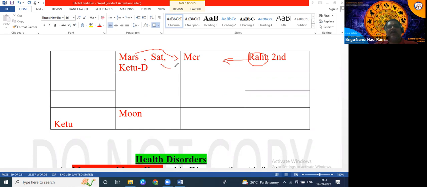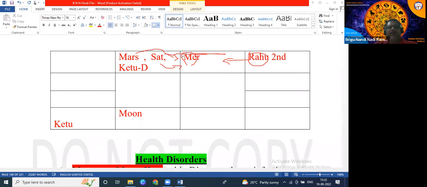And Saturn is aspecting Mercury. So you see here, any planet hammered in between two enemies, so Mercury need not be an enemy to Rahu, or to Saturn or Mars.